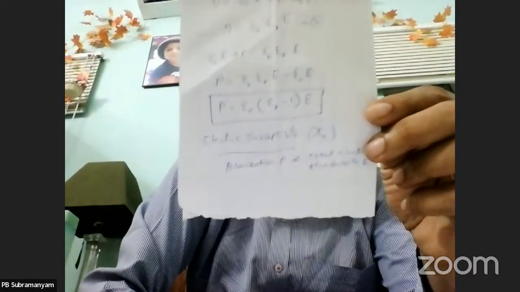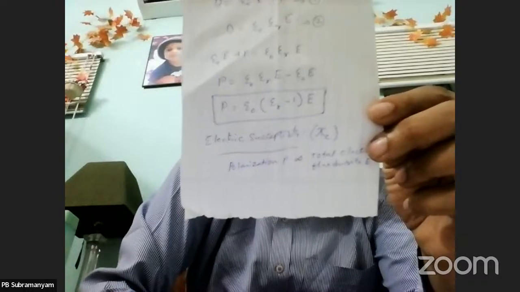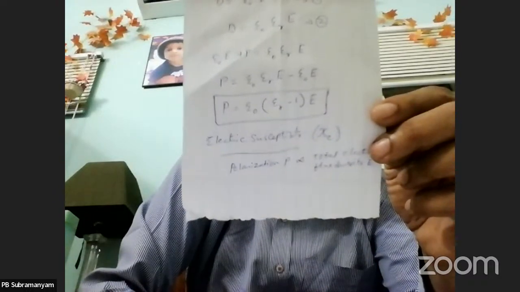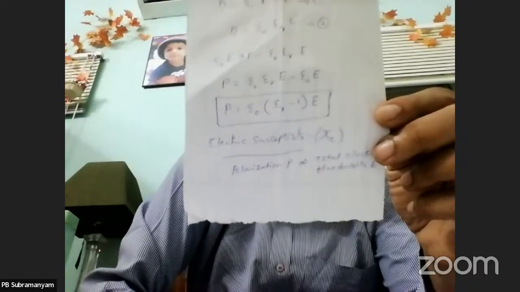The polarization P is proportional to the total electric flux density E and is in the same direction. The polarization P is proportional to the total electric field and, of course, is in the same direction as the electric field.